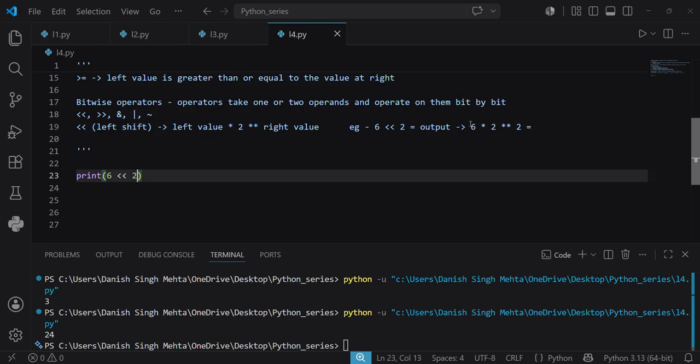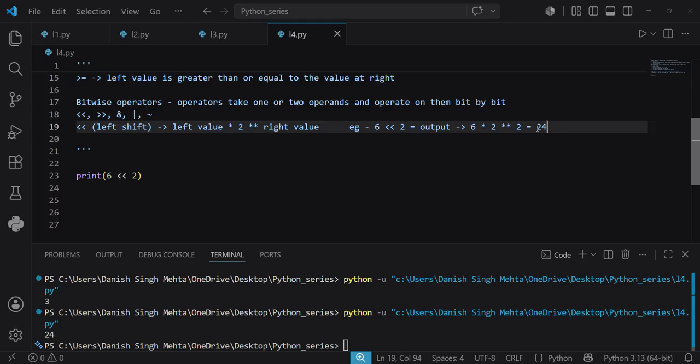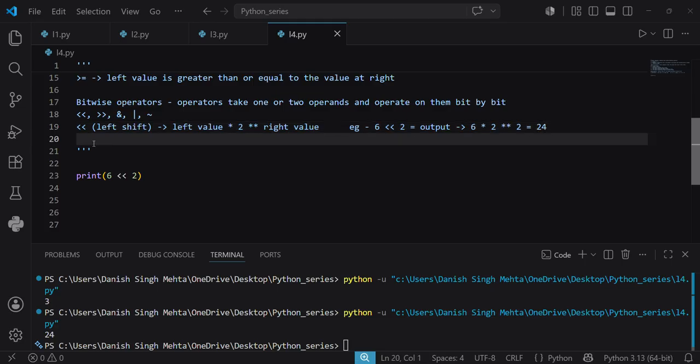So 4 sixes are 24. So yes, correct. The right shift also has a formula, but it is different from the left shift.